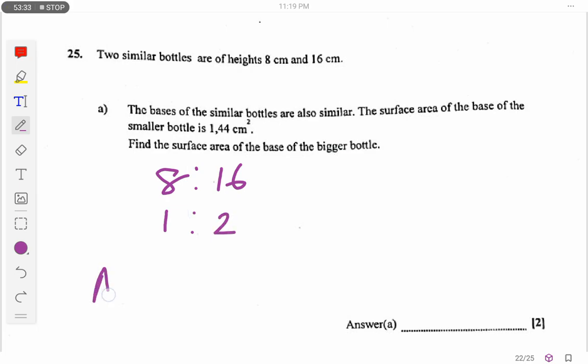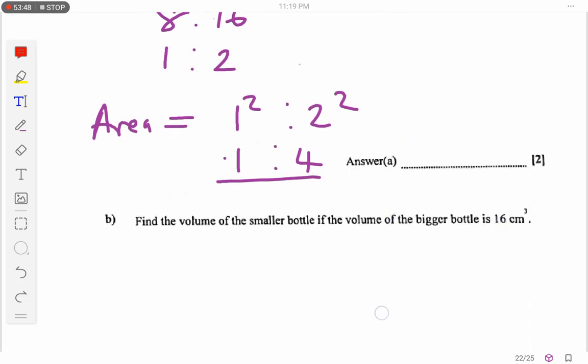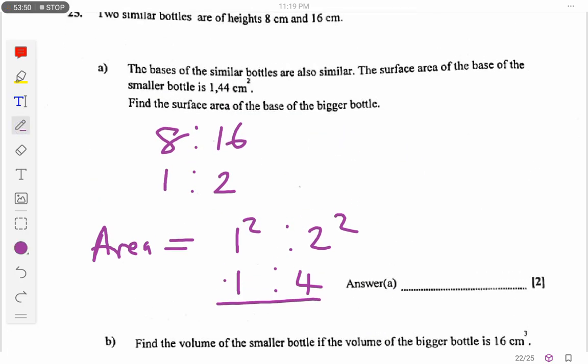Then for the areas it's going to be 1 squared to 2 squared, so 1:4, smaller to bigger. So when we have the 1.44 there, we can say 1 is equal to 1.44 centimeters squared.